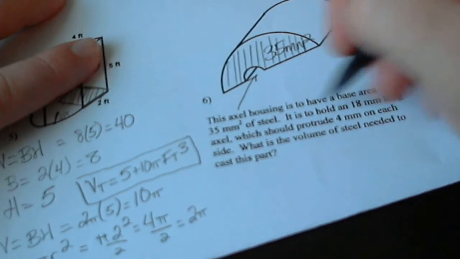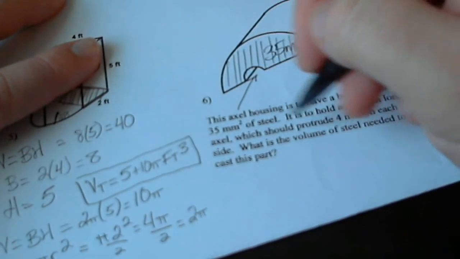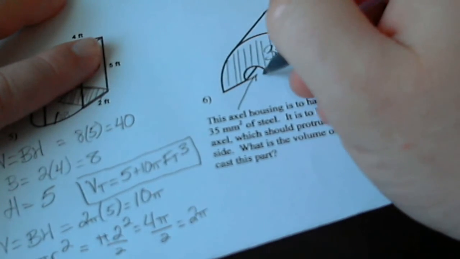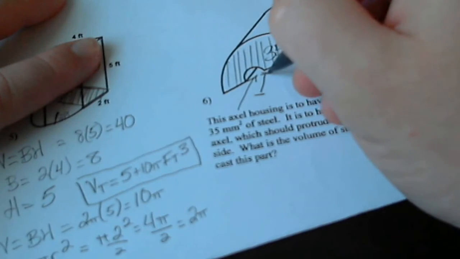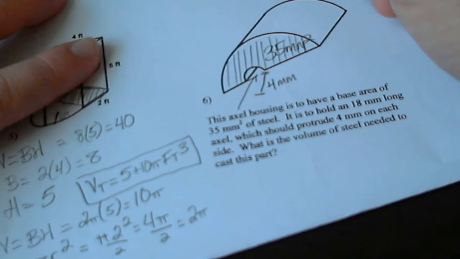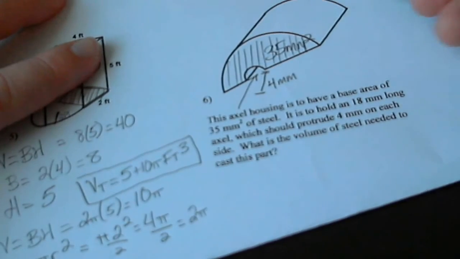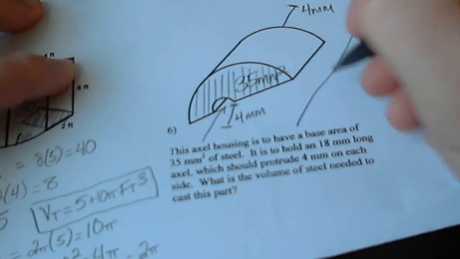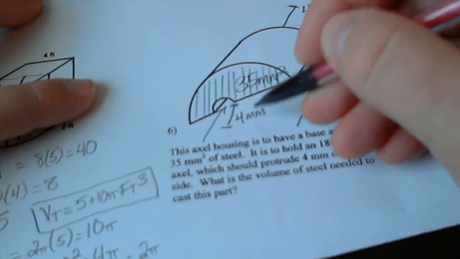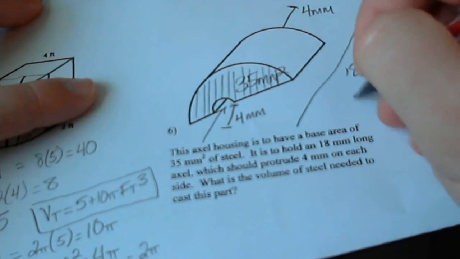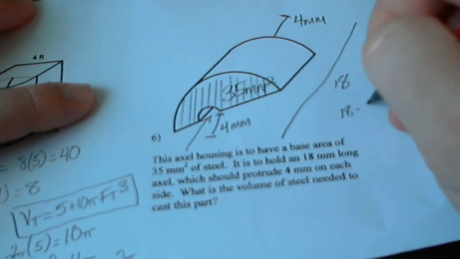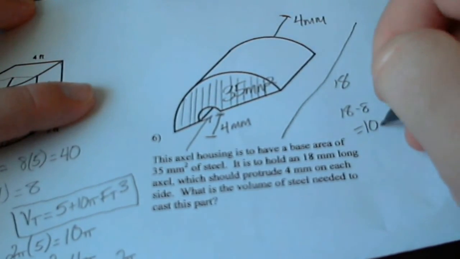It is to hold an 18 millimeter long axle, which should stick out 4 millimeters on each end. So we got 4 millimeters on this end that we don't need, and 4 millimeters at this end that we don't need from that 18 millimeter axle. We're going to subtract 4 plus 4 from this 18 to figure out how long this thing needs to be. So we got 18 minus 8, which is 10.